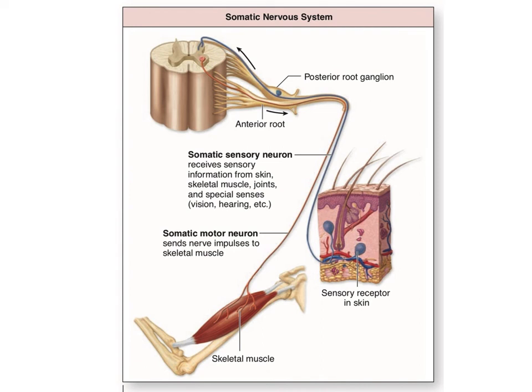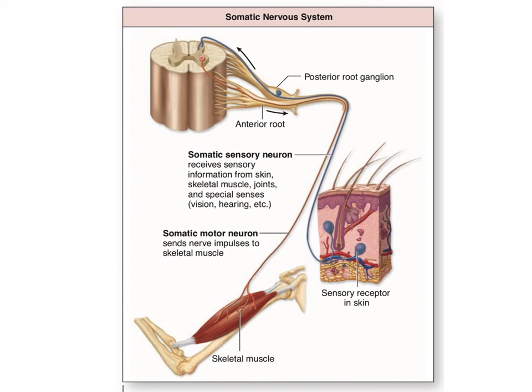In the central nervous system, in the spinal cord or the brain, interneurons would interpret that information and potentially would trigger some sort of response. If it's a voluntary response, such as you deciding to itch something, that would occur through the anterior gray horn through a somatic motor neuron.